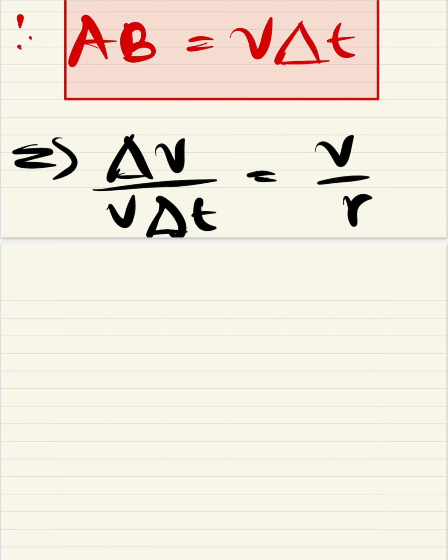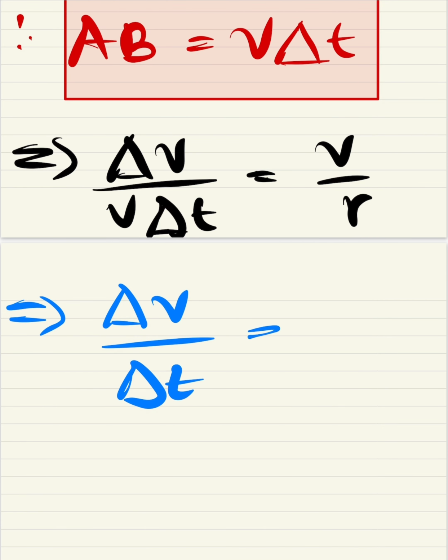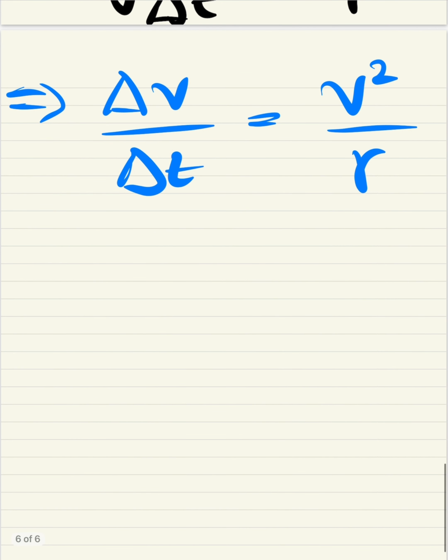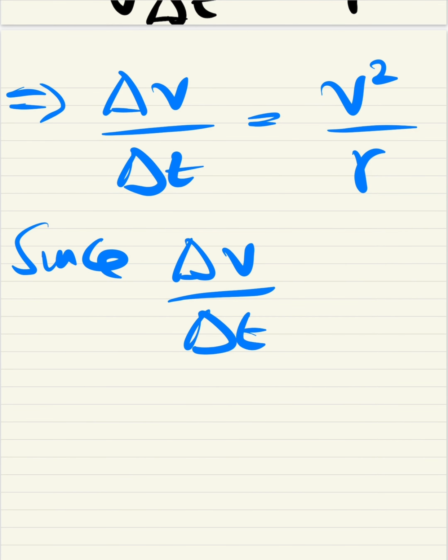If you cross multiply, the change in V over change in T can be V squared over R. And you know what that is? Since change in V over change in T is equal to the acceleration, it's a normal classical acceleration.